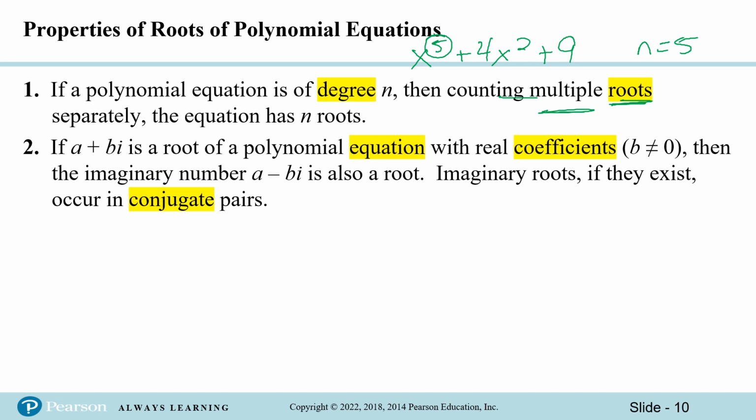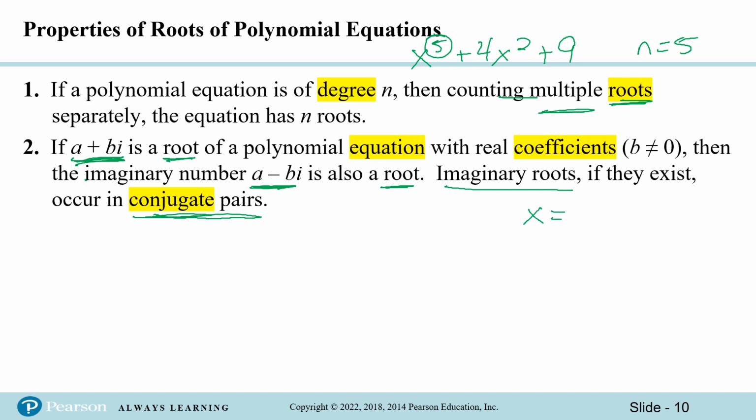If you have a complex number as a root, then the conjugate will also be a root. Remember, imaginary roots, if they exist, occur in conjugate pairs. So what does that mean?